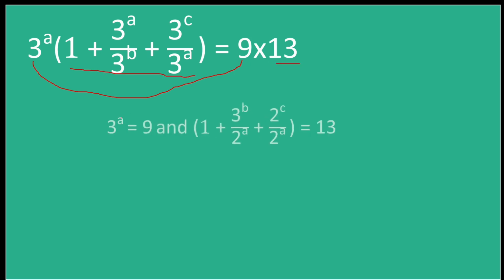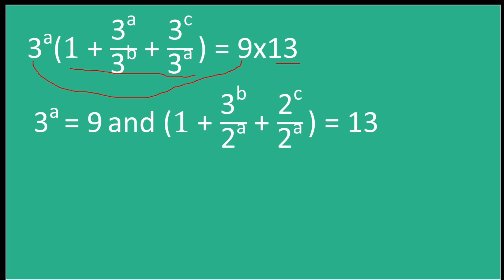So let's compare these values. So 3^a equals 9, and this whole value equals 13, and then we can write this 9 as 3 squared. So now we have the same bases over here, so we can compare the powers.